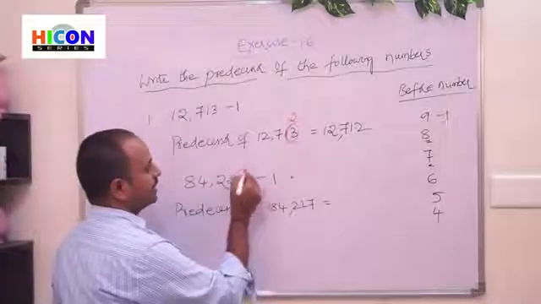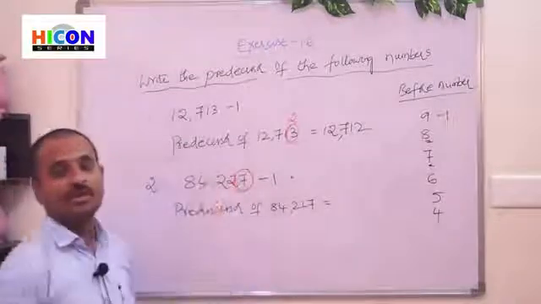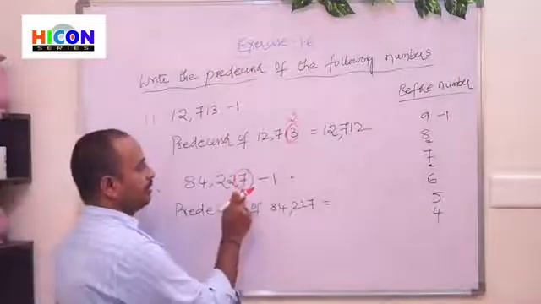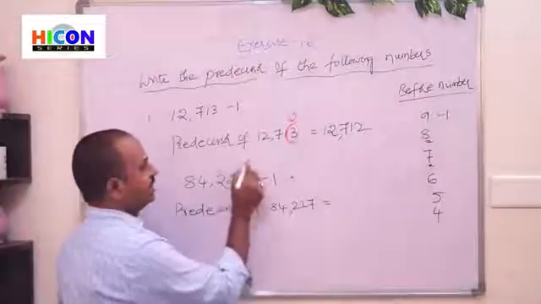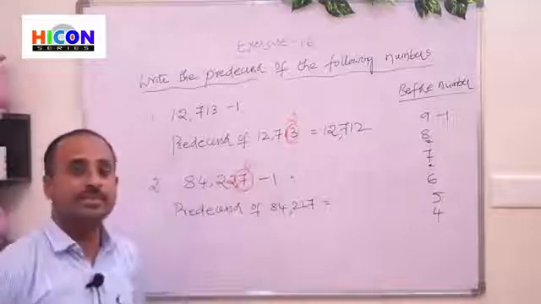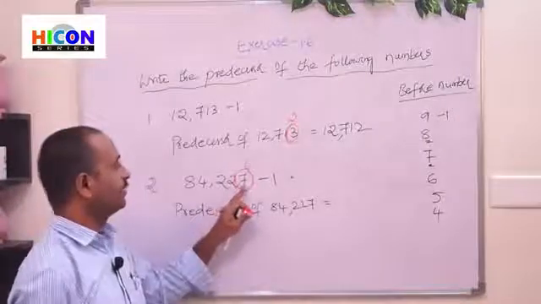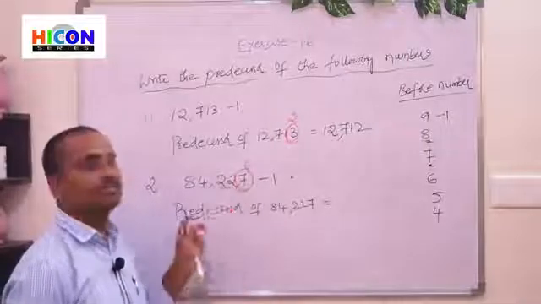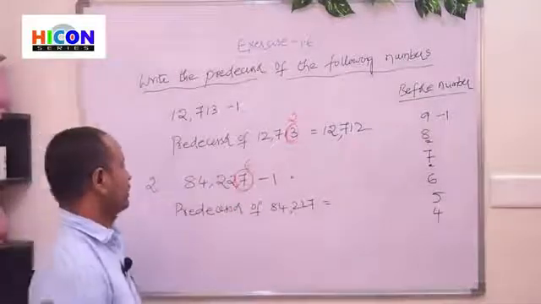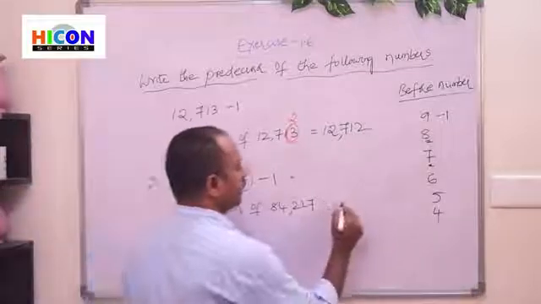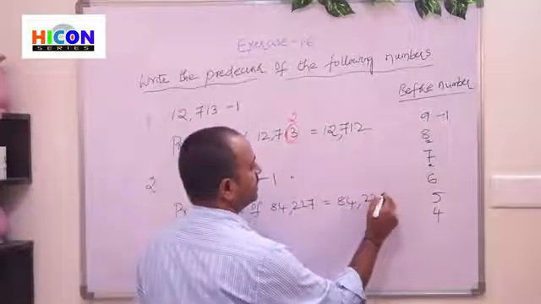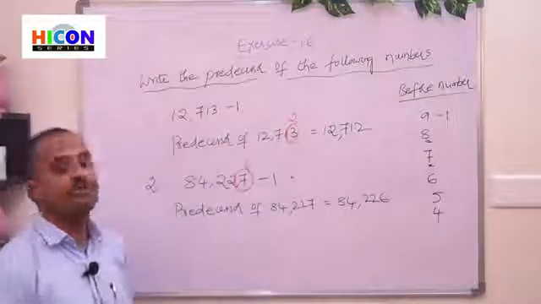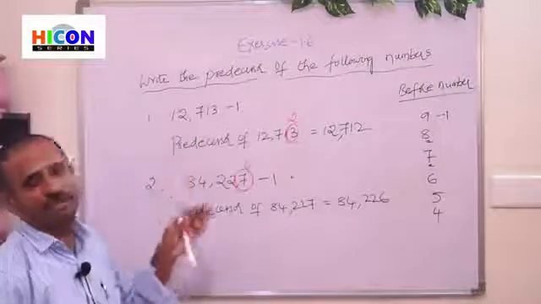Here the digit present in the ones place is 7. So write its before number. The number that comes before 7 is 6. So predecessor means before number. The before number for 7 is 6. That's why the predecessor becomes 84,226. So children, this is the way of how to write the predecessor for the given numbers.